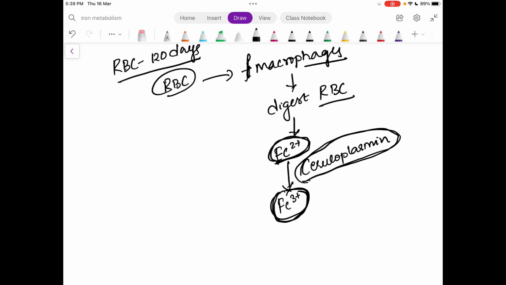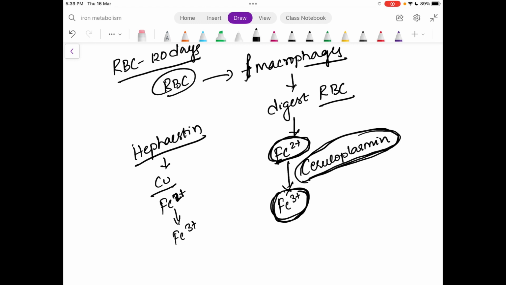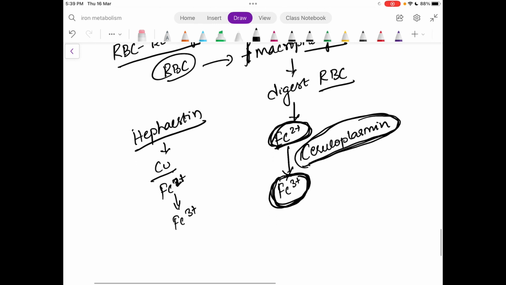So at the intestinal level, we have hephaestin, which contains copper, which helps in conversion of Fe2+ to Fe3+. And this ceruloplasmin also helps in conversion of Fe2+ to Fe3+.